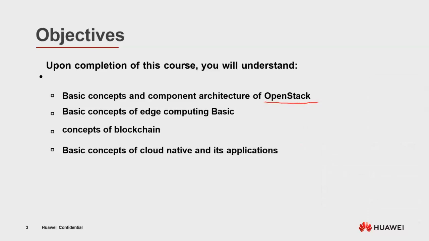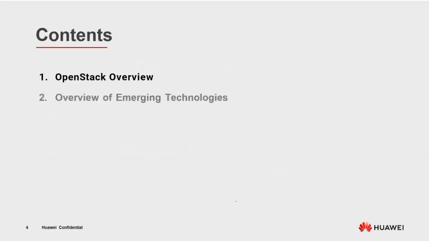So we have OpenStack, edge computing, and then blockchain technology. All these are technologies coming out from the cloud natives. So at the end of this chapter, we hope that you will be able to understand the concept of OpenStack, edge computing, blockchain technology, and cloud natives and their applications.